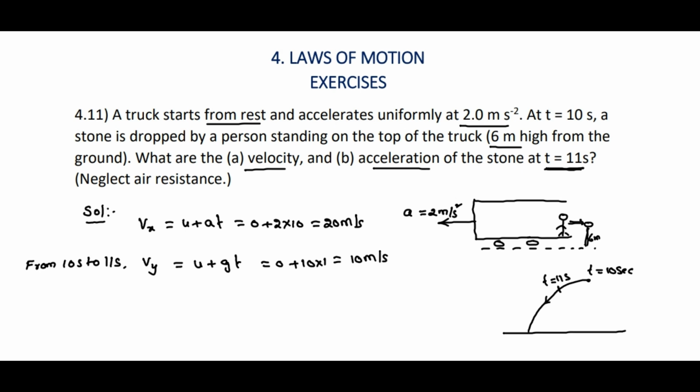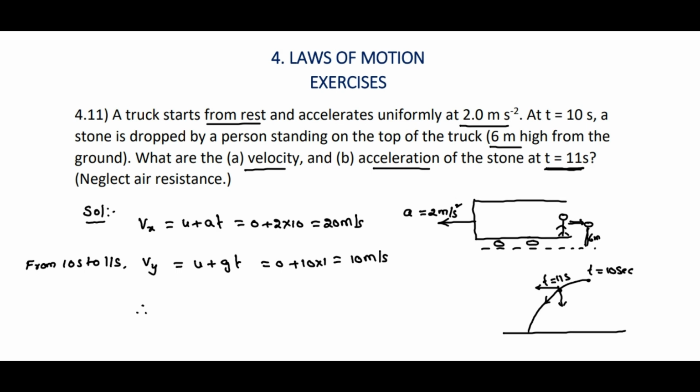So at this point, vertically downwards, the velocity is 10 meters per second, and the horizontal velocity will remain the same, either at t equal to 10 seconds or at t equal to 11 seconds.